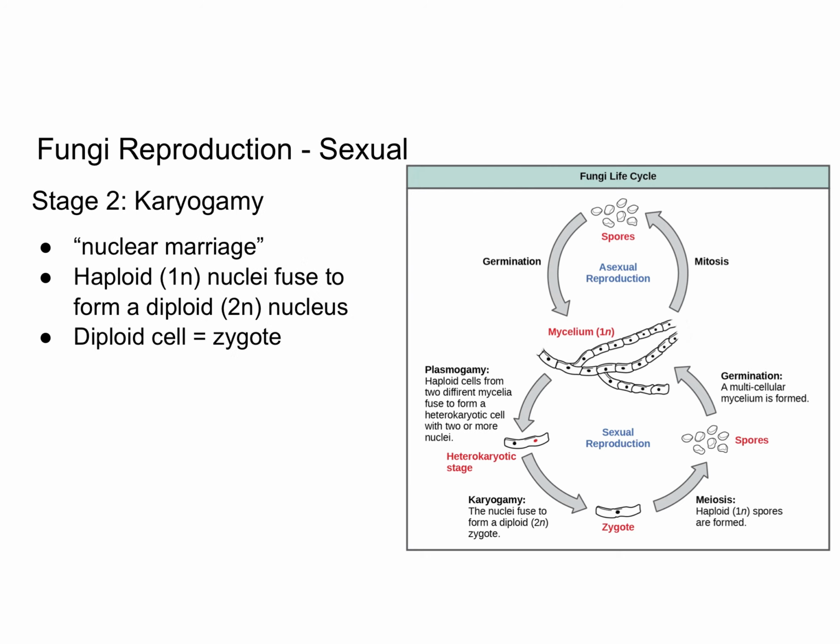The second stage is karyogamy. And remember that this prefix of karyo has to do with the nucleus. So this word karyogamy means nuclear marriage. So remember that in plasmogamy, we ended up producing a dikaryon.